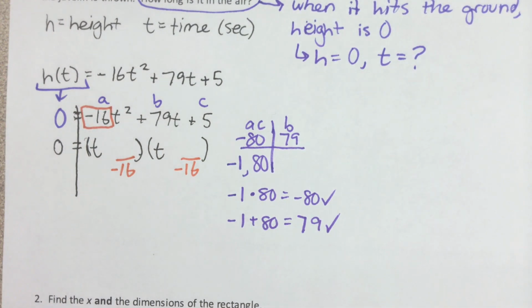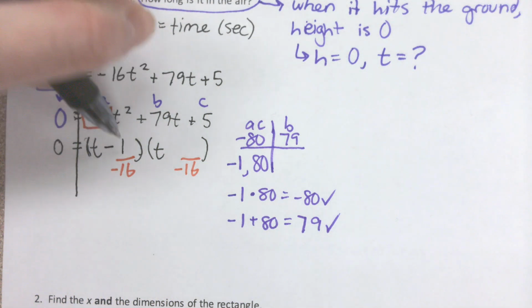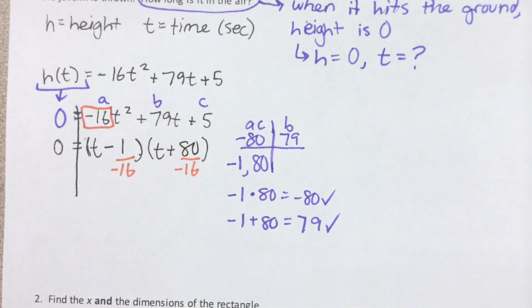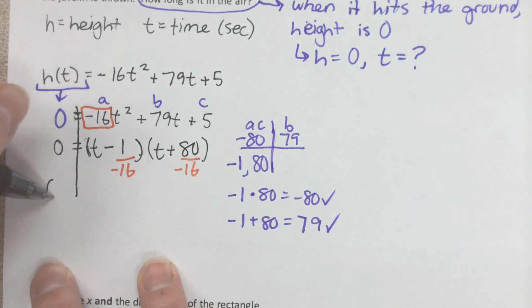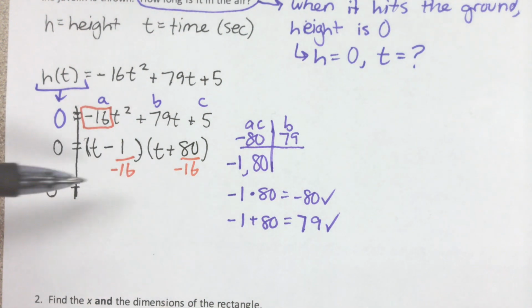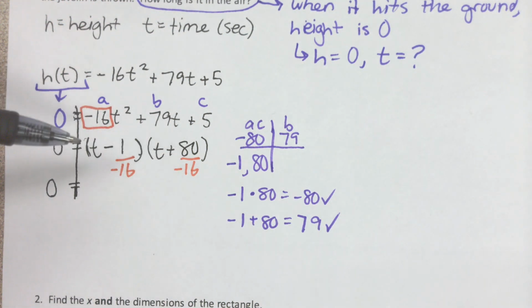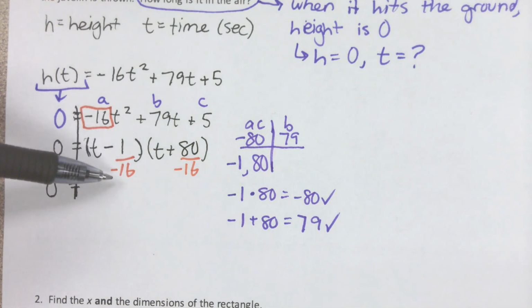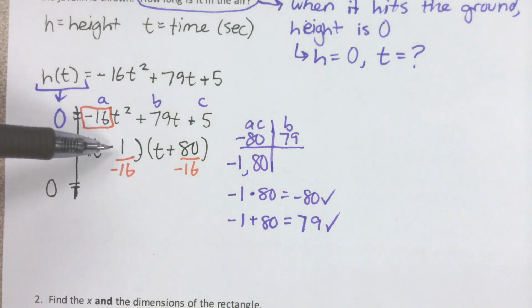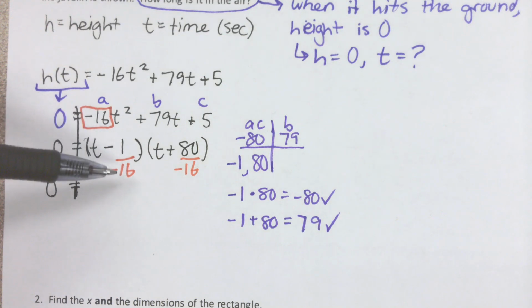So I have t minus 1 and t plus 80. Now remember, I have to do either slide or divide. This first one, negative 1 over negative 16, before I slide the 16 over, because clearly this is not going to divide nicely, I do want to take care of the fact that I have two negatives here.